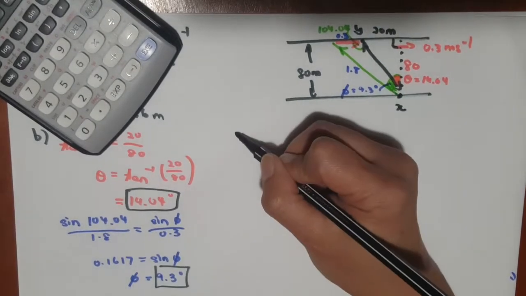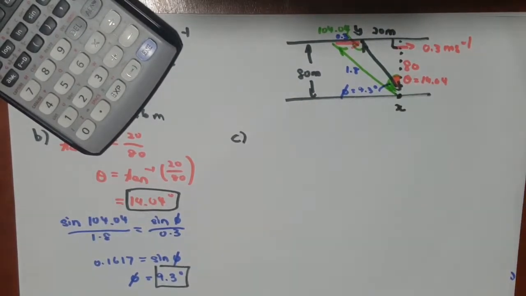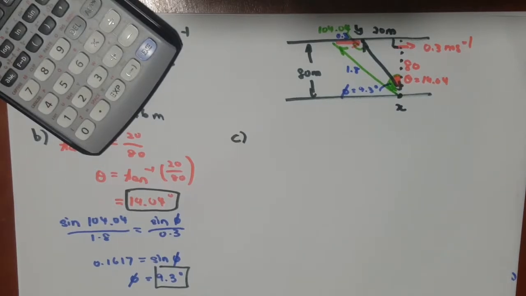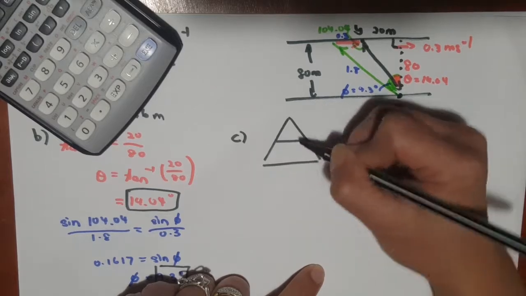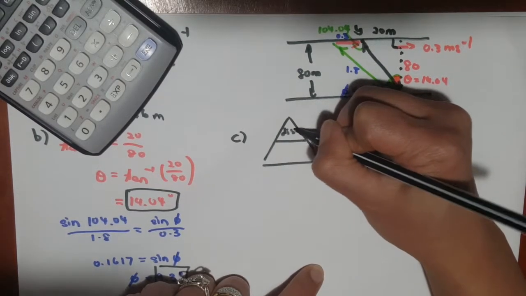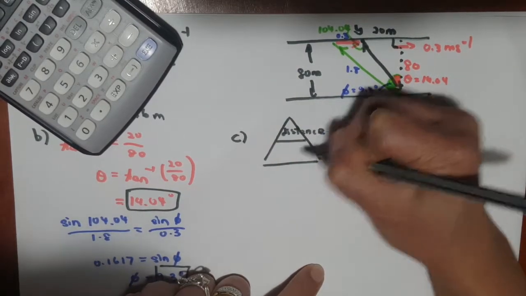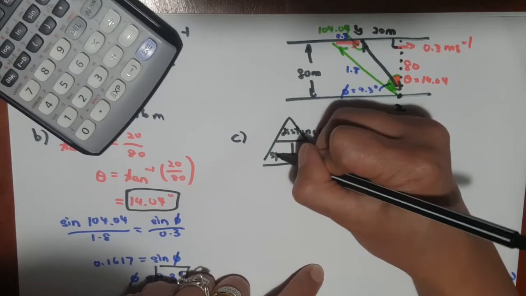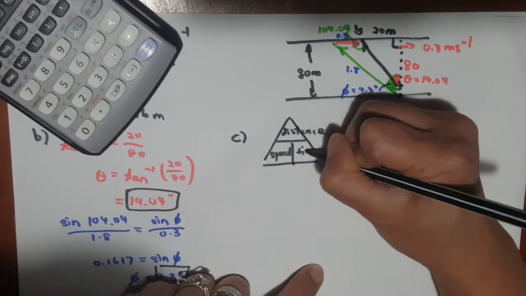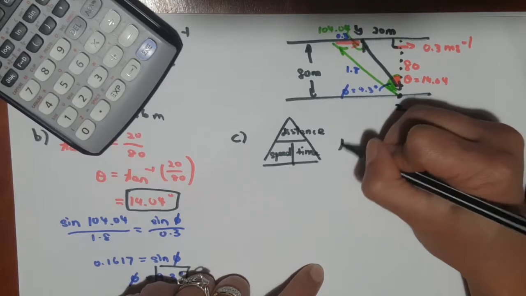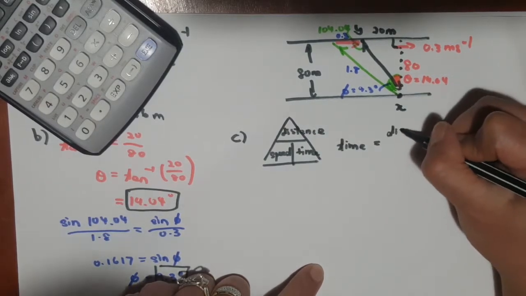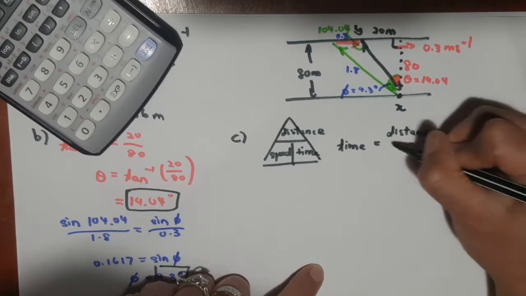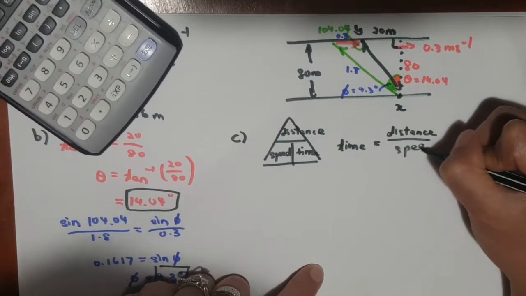The third question is, find the time Stephanie will take to cross the river. We are familiar with this triangle, which is distance, speed, and time. In order to get the time, we need to consider the distance over the speed.